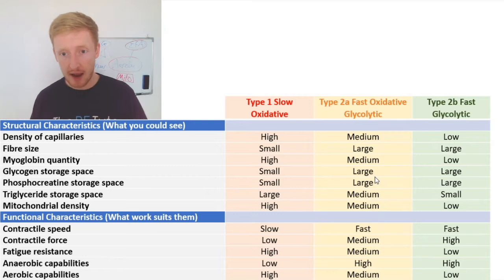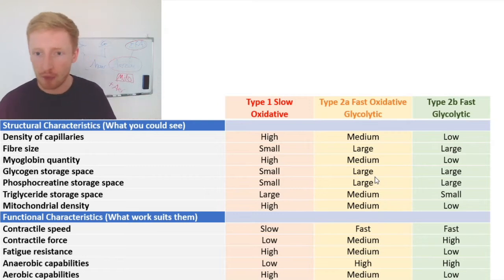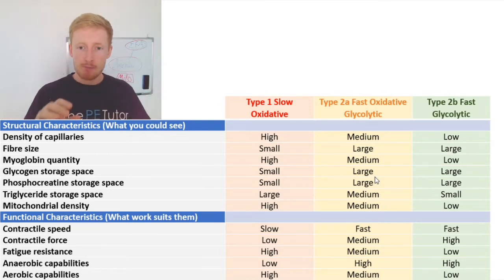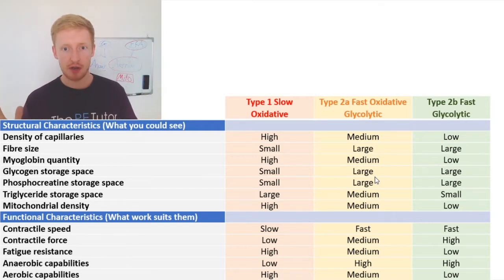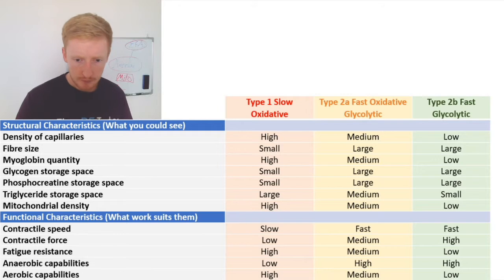If you've written it down and you've got different colours, different words, different phrases, that's brilliant. But to put it all in one place where we have this comparison side by side, so we take the characteristic, for example, phosphocreatine storage space, and then we come across this table.